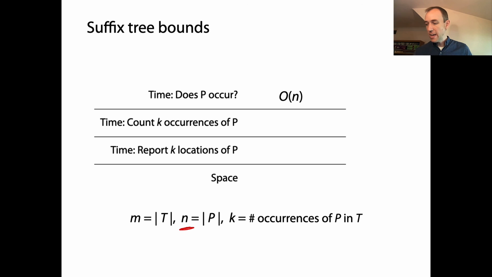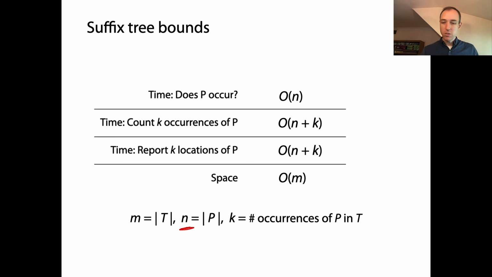The n part is because we have to do the walk down. The k part is because we have to traverse the subtree. How long does it take to report the k places where P occurs within T? Same. It's exactly the same procedure. It's just we're doing something different when we reach the leaves. And how much space is required? Just big O of m. The amount of space required for the suffix tree hasn't changed, right? That's still big O of m.